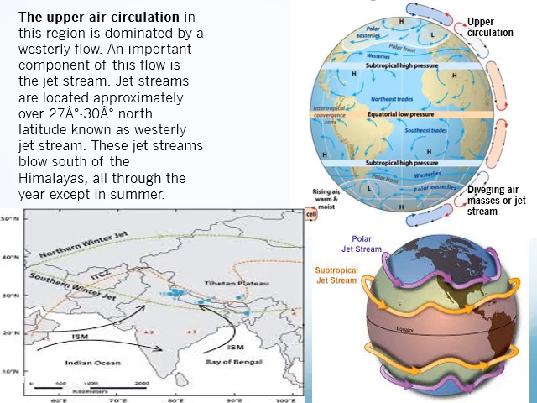Now, how do these subtropical jet streams influence the climate of India? In summer, these jet streams are on the northern side, because of which the wind coming with moisture from the southwest towards India finds a vacuum in the middle of India, on the Delhi side, the Punjab side, and near the Madhya Pradesh side.